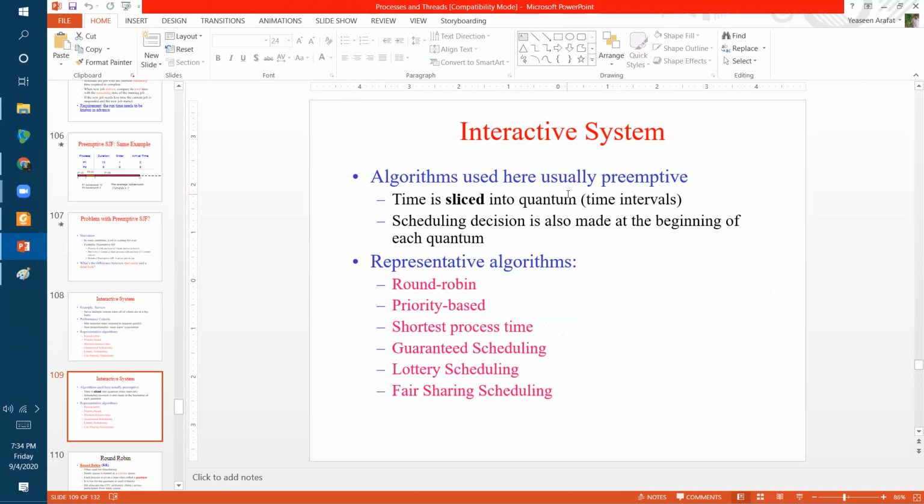In interactive systems, the algorithms actually used are preemptive algorithms.